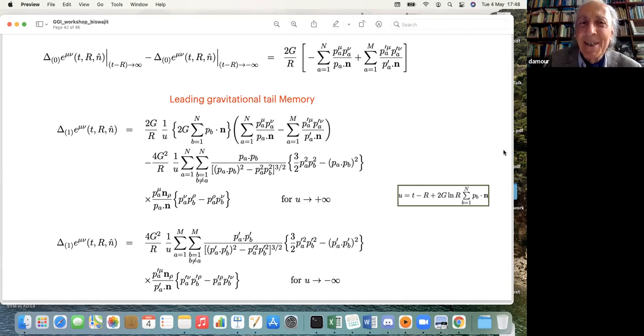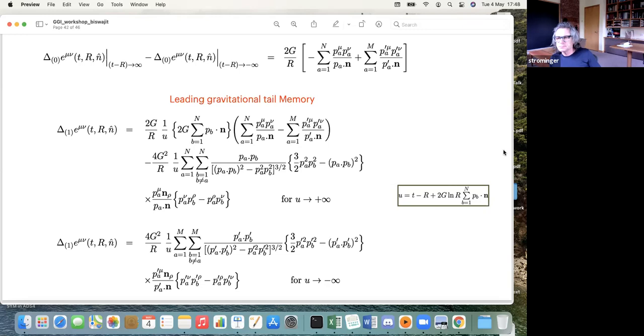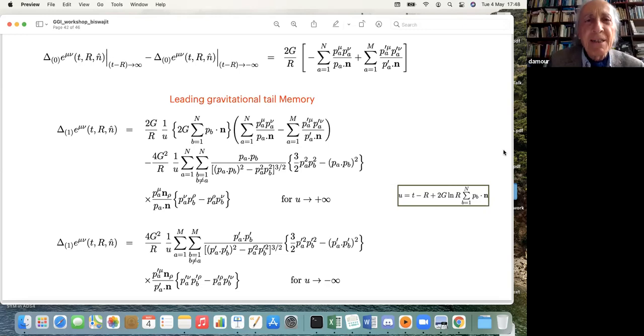In our 1992 paper with Luc Blanchet, we had analyzed in a PN sense the tail, including both the so-called memory and the memory tail. We had noticed, without doing the exact thing in a PM sense, that the large u limit of the tail integral in the radiative waveform would decay like 1/u.